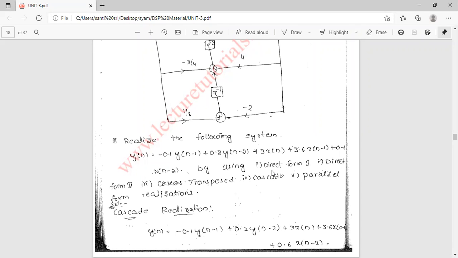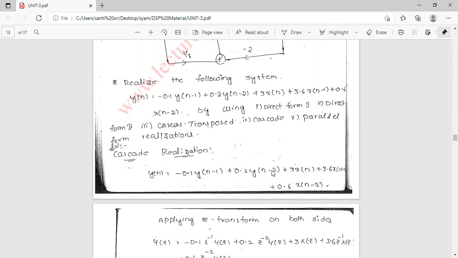Okay, all five techniques. Under 5 techniques, we have to solve this problem. Okay, already we solved the problem using direct form 1, direct form 2, and transposed structure form. Now we will see the cascaded realization, okay, and parallel form realization.